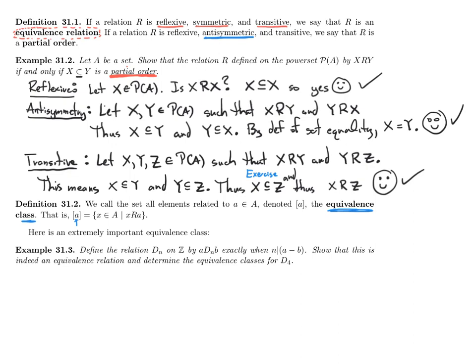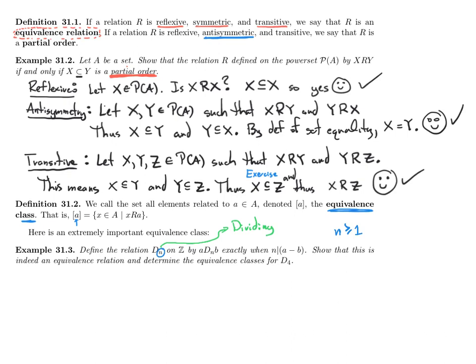This is kind of one of the most important equivalence classes. We're thinking of this D_n, in some sense, as a dividing equivalence class. And just to be clear, I want n to be a natural number.